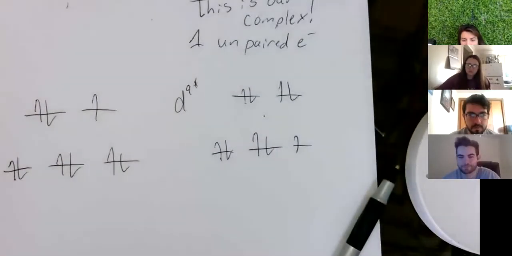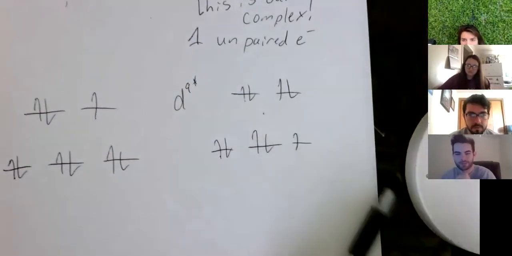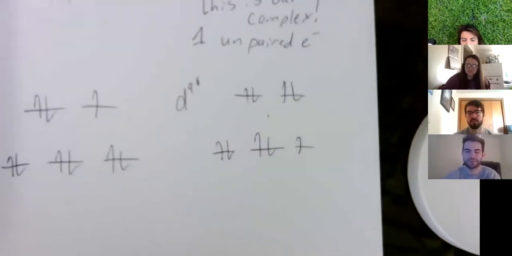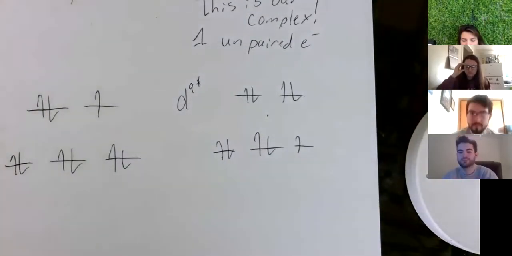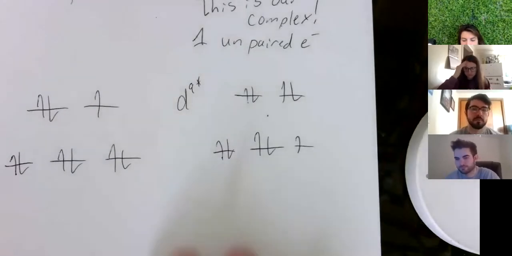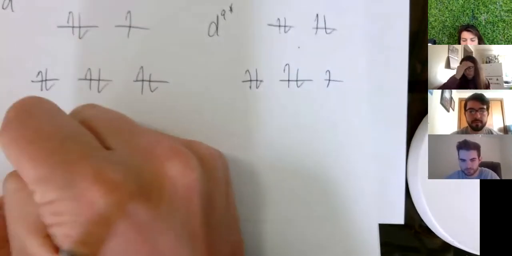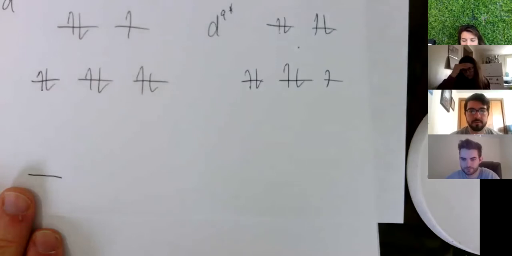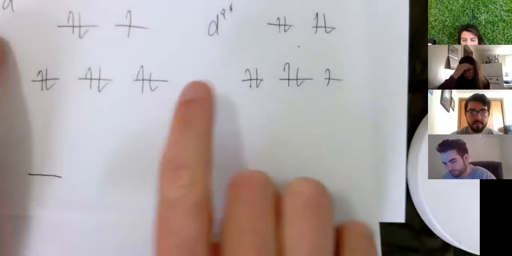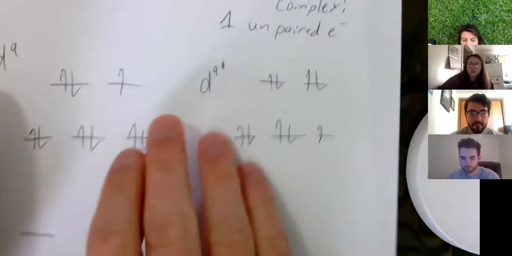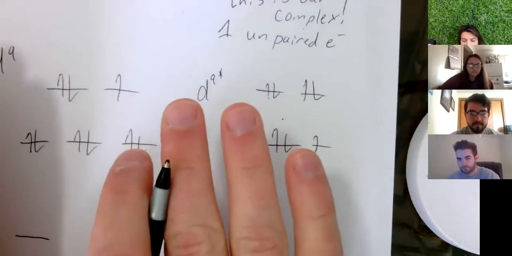My internet keeps cutting out, so I kind of missed all that. But is D8 inherently high spin? D8 is just a D8 metal. It's not considered high spin or low spin, because if it's in an octahedral field, the type of ligand setup you have can make a big deal. Even though we said D9s are just called D9 metals, that's in an octahedral field.